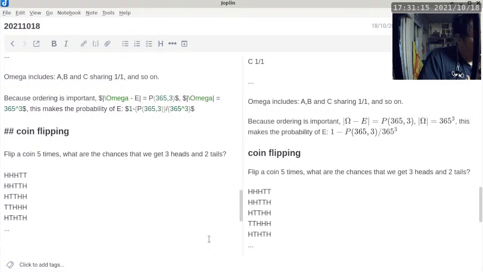All right, so let me get to the text channel here. Multiply? Nope, it's not just multiply. We want to count. The first thing is, how many ways can we arrange the heads and tails? Given that you have 3 heads and 2 tails, how many ways can you arrange these things? Any quick answers?